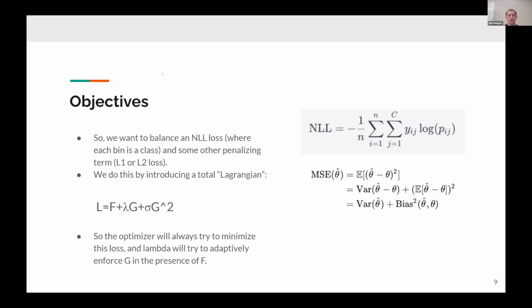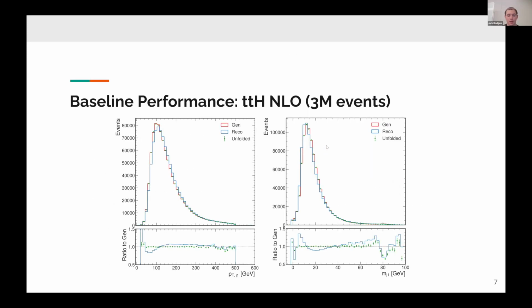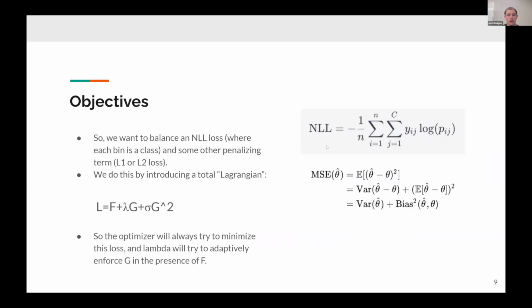So what are we trying to do, maybe in a little more quantitative form? We want to balance this NLL loss, which is effectively our classification, multi-class classification loss, that is mainly what we backpropagate on. It is the main, primary loss. And we want some other penalizing term for this event-wise discrepancy, right?